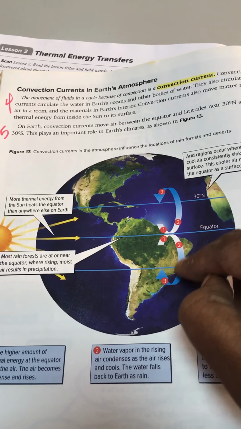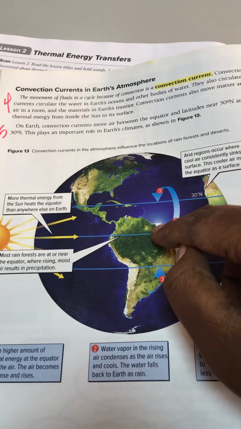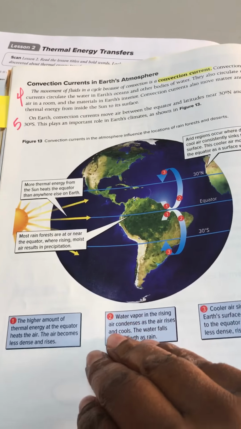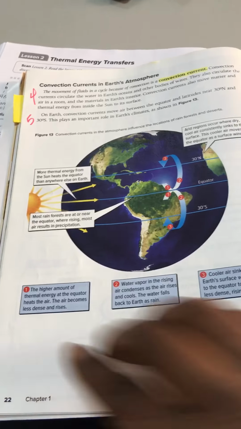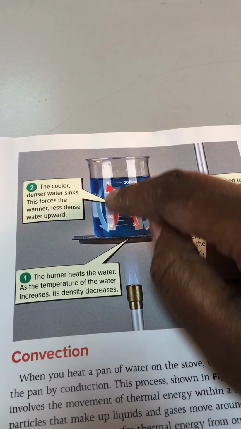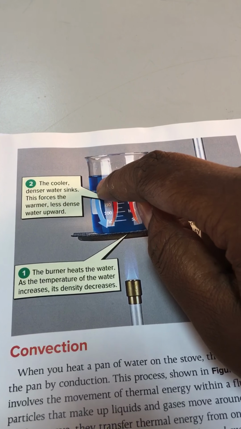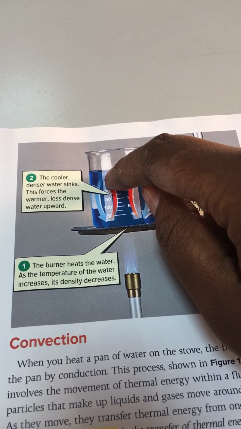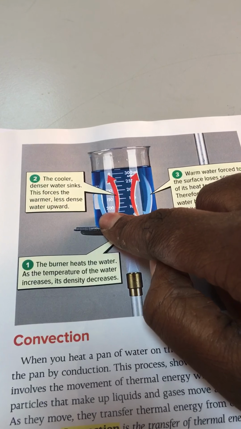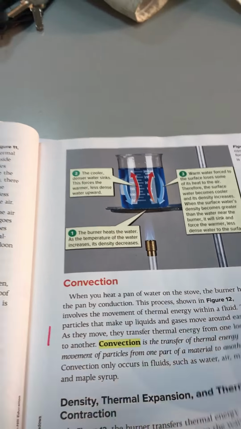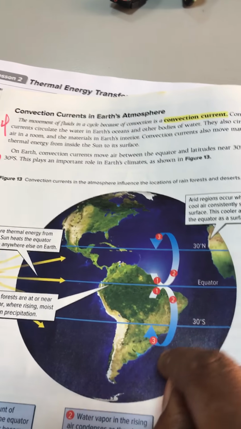These convection currents help warm and cool the earth. And those convection currents are just like this convection that you see in this beaker. You have the cold particles sinking and the hot particles rising. Cold sinking, hot rising. And that's the same thing that's happening here, but it's with air.